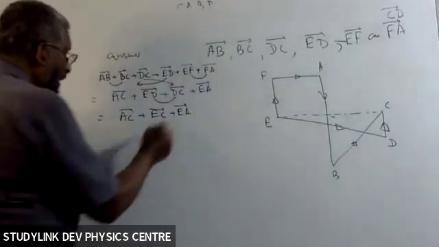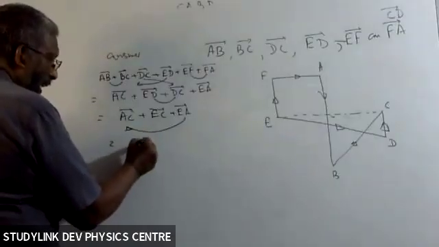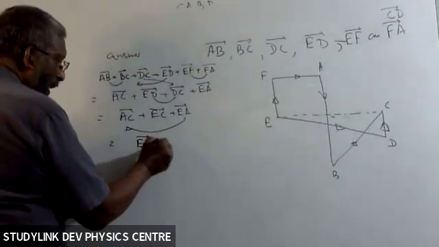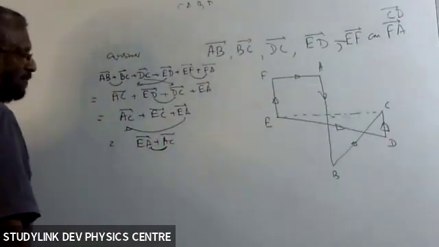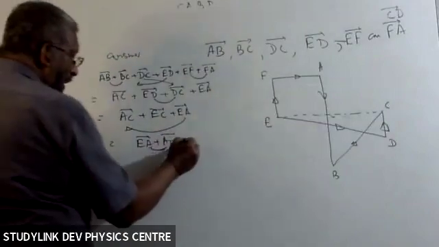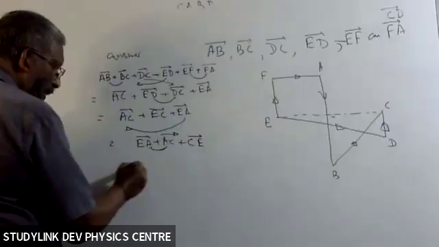Now I'll take this EA here. EA plus AC. Then I can take A together. Check how I'm doing.